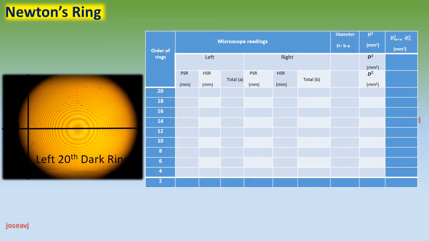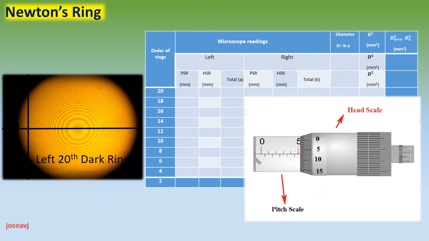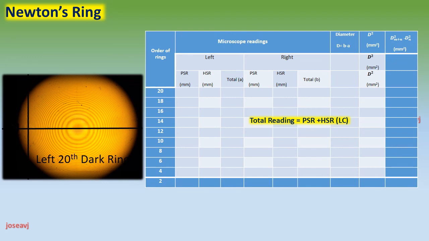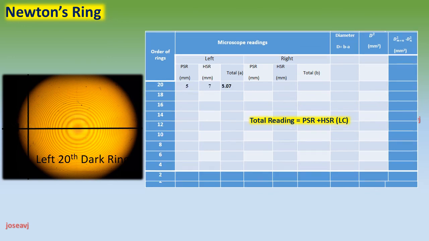The pitch scale and head scale reading corresponding to left 20 reading is: pitch scale is 5 and head scale reading is 7. Now we calculate the total reading using the formula: total reading is equal to PSR plus HSR into LC. So we get the reading as 5.07.